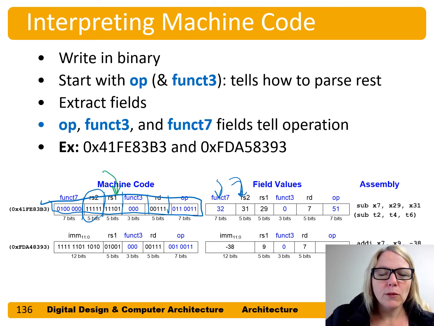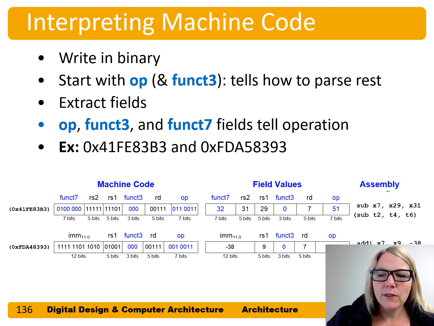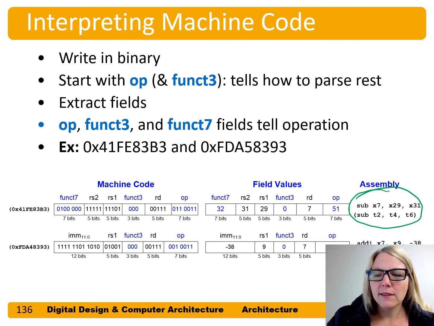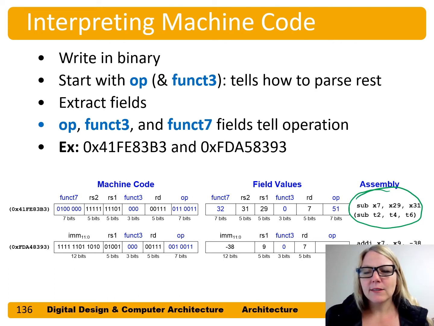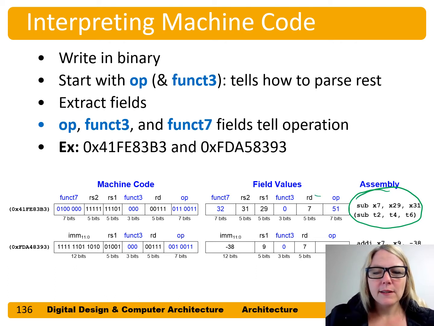RS1, 11101, is 29. And RD is 7, 00111. And now we can write the equivalent assembly language for that: subtract x7, x29, x31.